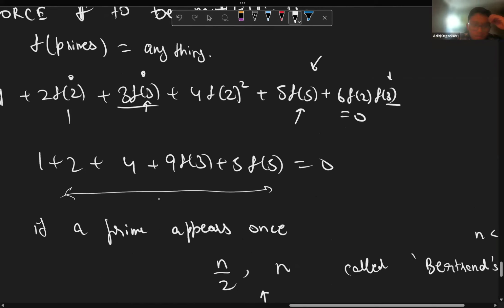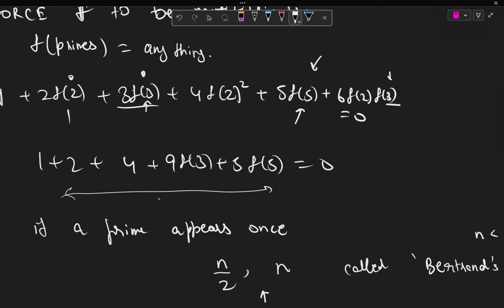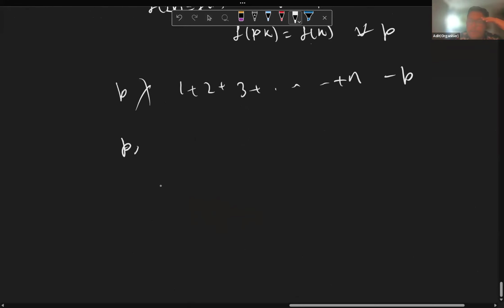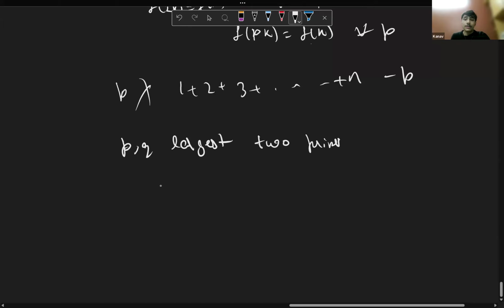Exactly. Also, just working with 5 wasn't doing everything. I needed 3. So you take the largest two primes less than n, and then you fix everything else to be 1, and then you get a linear Diophantine equation, I think. Largest 2 primes. Now the point is, I know p only exists once.